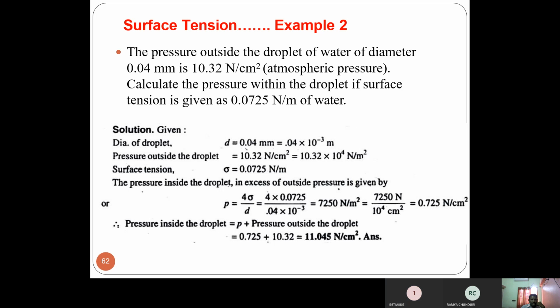For a droplet, what is the pressure difference expression? P is equal to 4 sigma by D. So what is the diameter of the droplet? 0.04 mm is given. The pressure outside of the droplet is 10.32 Newton per centimeter square. The surface tension is given in the problem.